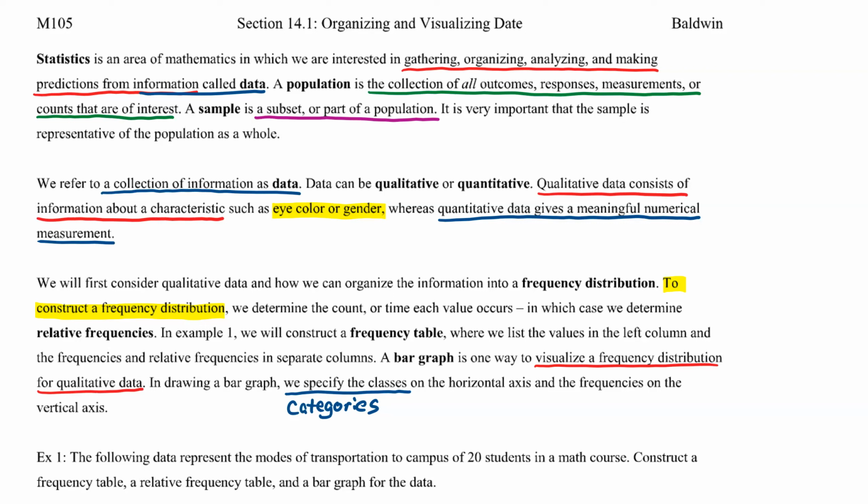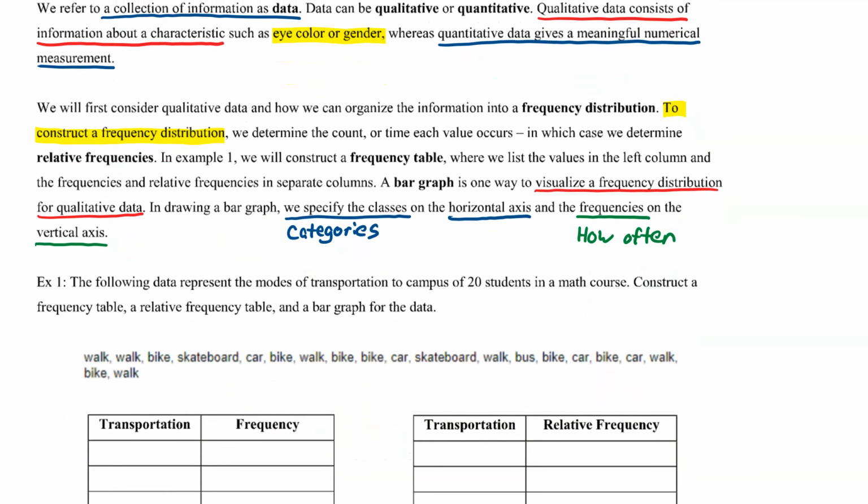Those are going to be on the horizontal axis, so the x-axis. The frequencies, how often that particular classification occurs, are going to be on the vertical axis, so on the y-axis. So let's just get into going through a couple of these examples so that we can help all of this start to make sense and see how it all connects.